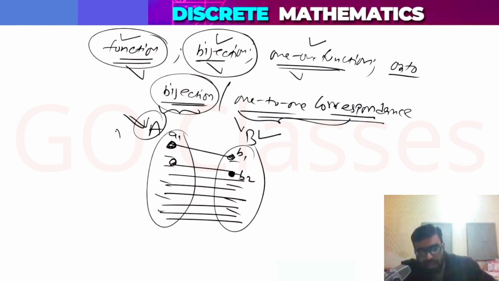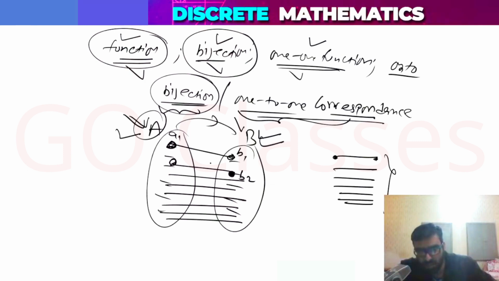You are putting elements of set A and elements of set B in one-to-one correspondence. Basically one item from set A, one item from set B. So this is called bijection. Such a function which puts elements of A and elements of B in one-to-one correspondence is called a bijection. These basic things I assume that you already know.